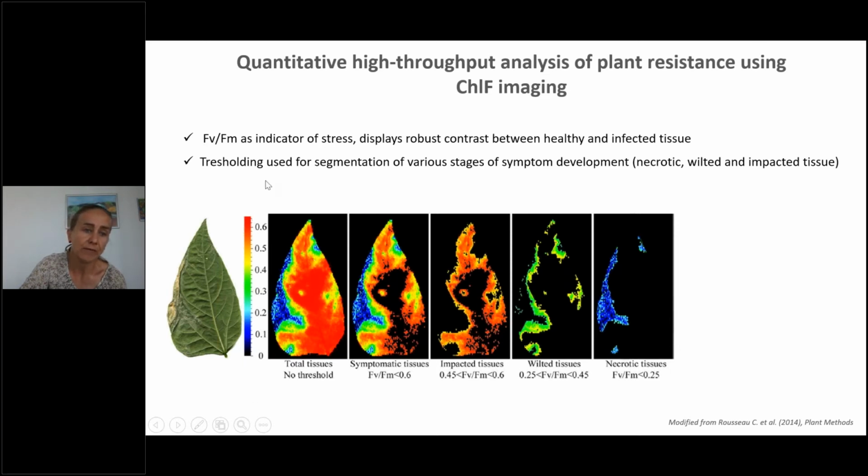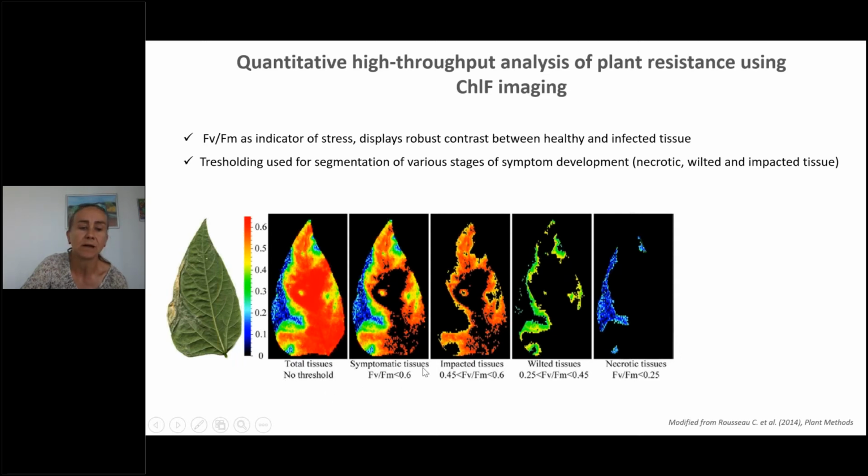When we measure FV/FM, you see the false color scale for the FV/FM parameter in the plants that were treated, were infected.